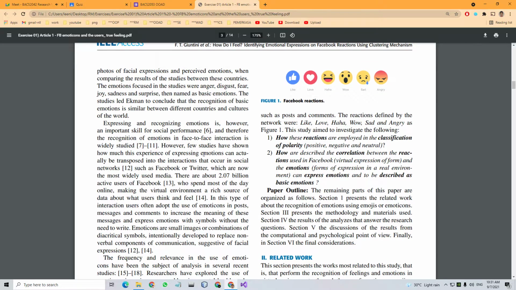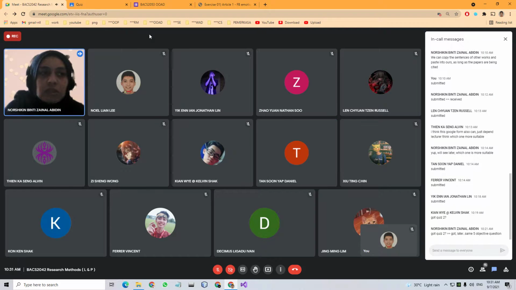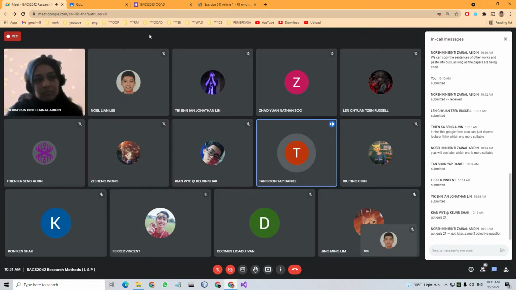To be honest, it's kind of an overall research about Facebook emoji. I read it through. Yeah, kind of boring, but it's expected. You try to understand it.